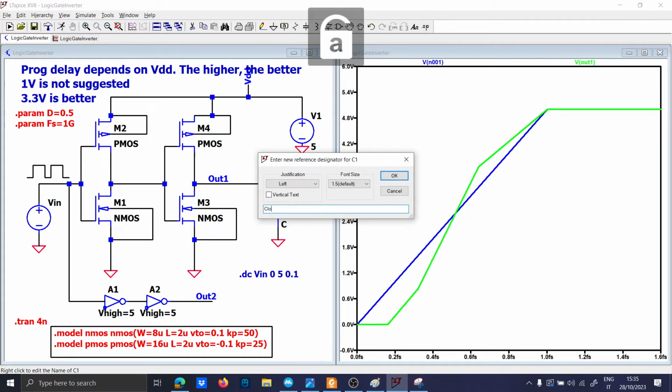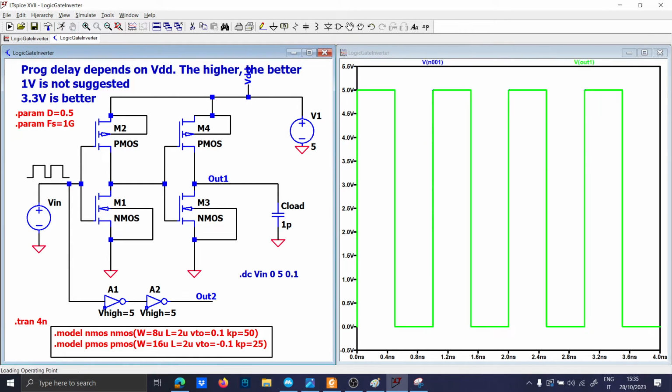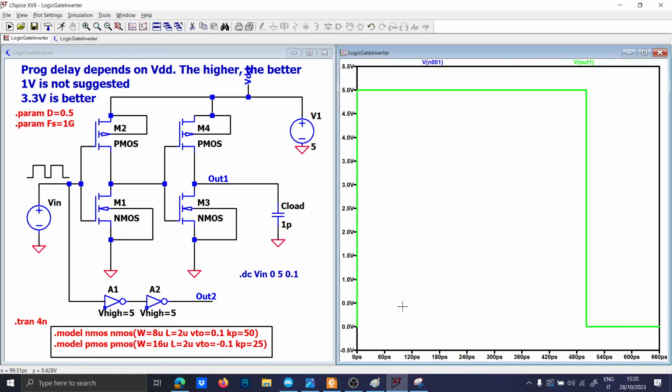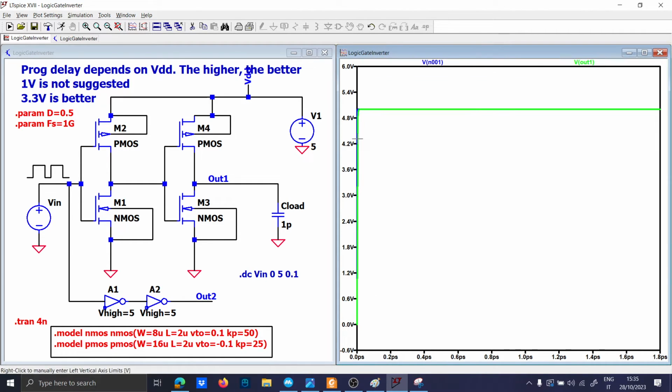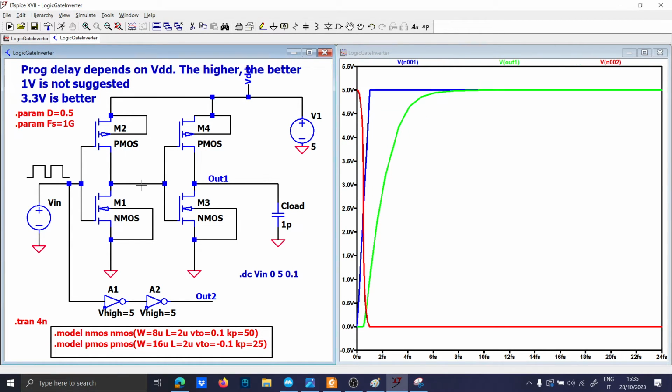This is called C load, and this is called 1 pico, even 1 femto, because even 1 pico here can be very, very significant. You see now that there is a very big attenuation. I should also put the capacitance here, if you really wanted to do the simulation right.